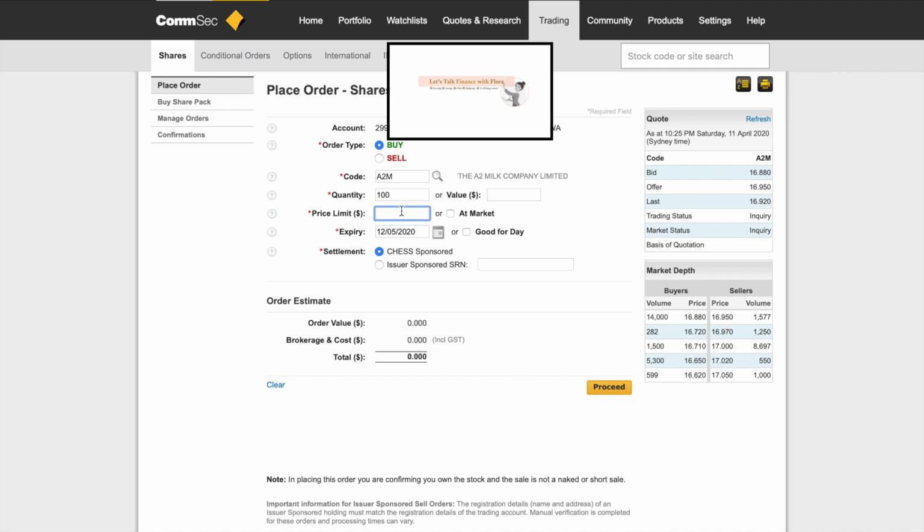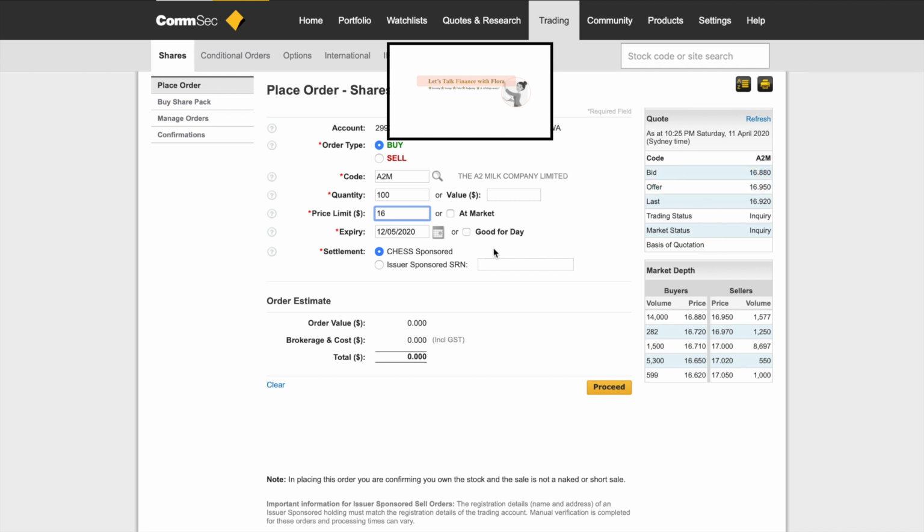So here it gives you an overview of the prices. Because I'm buying, you want to buy low. The highest price that buyers are willing to pay is $16.88. So you'd say, okay, how about you give me it at $16?